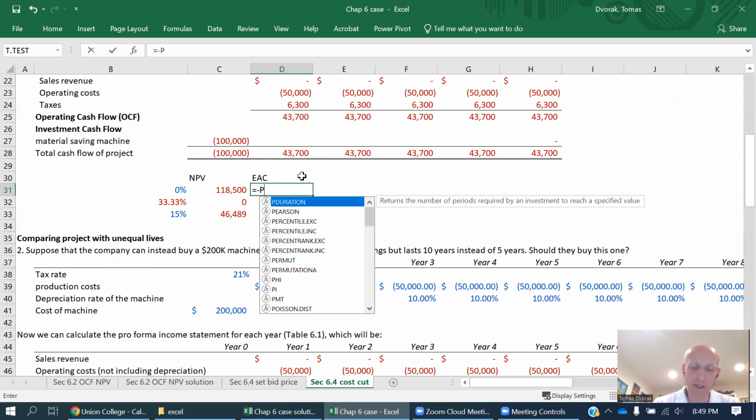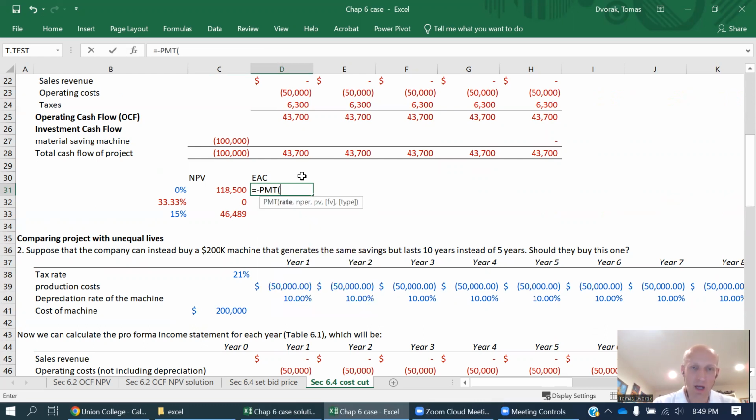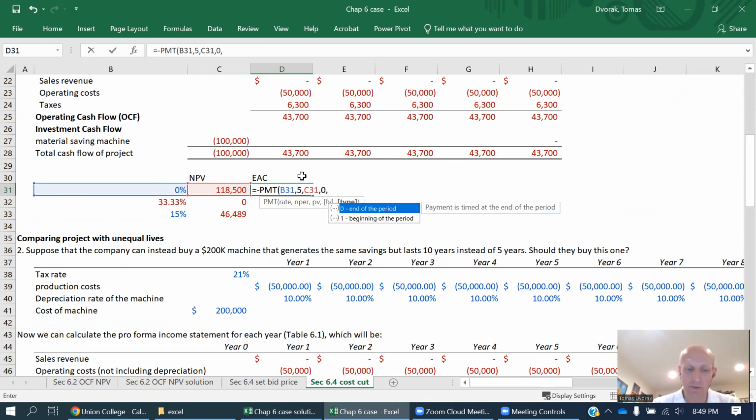So we can calculate that using a PMT, where the rate, let's use this one, 0, number of periods is 5, PV is 118,000. There's no FV, and end of the period is the default.